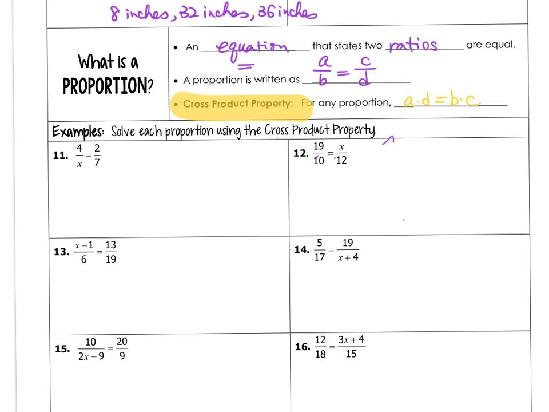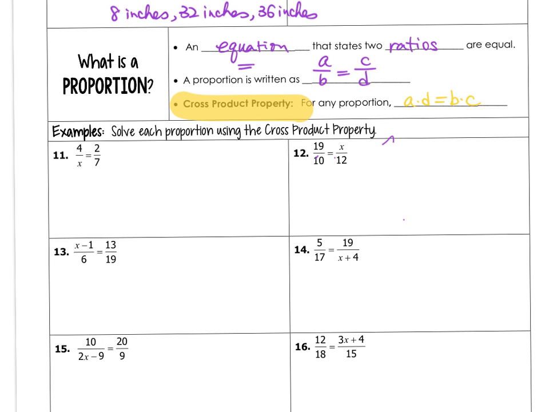And that basically takes the fraction, the denominator, away. And the way to prove it is use inverse function. So let's look at some simple examples. Number 11, 4 over x equals 7 over 2.